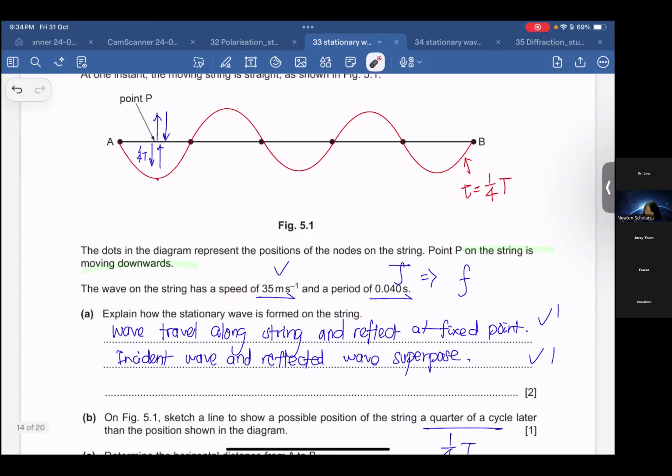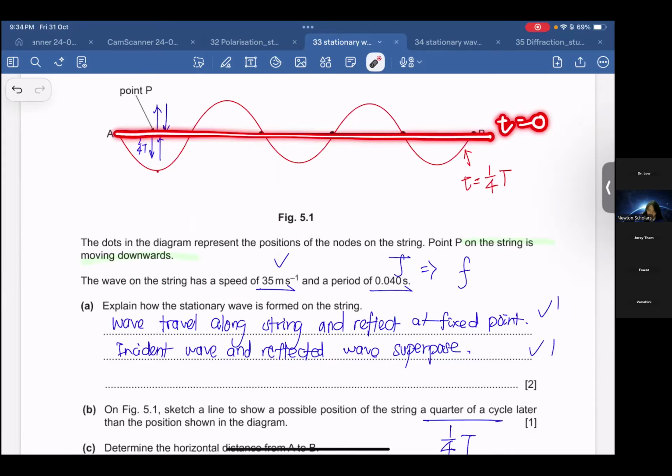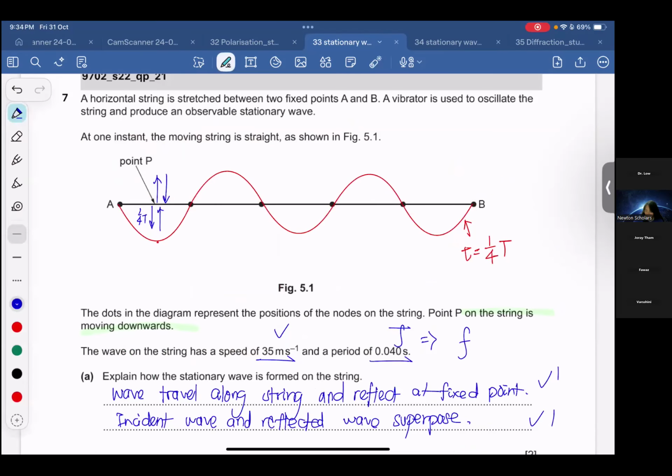So after t equals T over 4, how was your pattern? Your pattern will become something like this. Is it okay, Wesley? We move up, down, up, down, up, down.